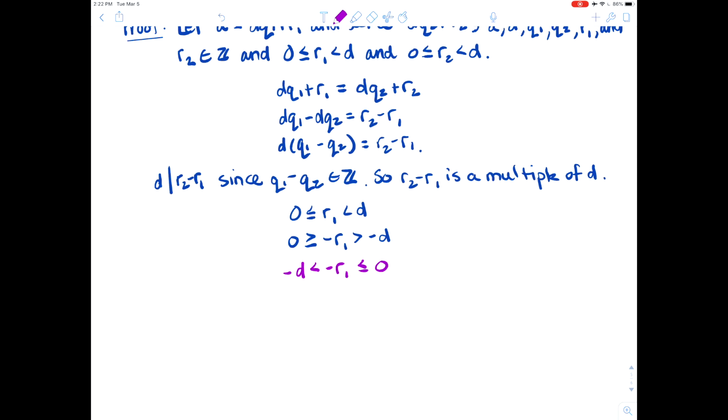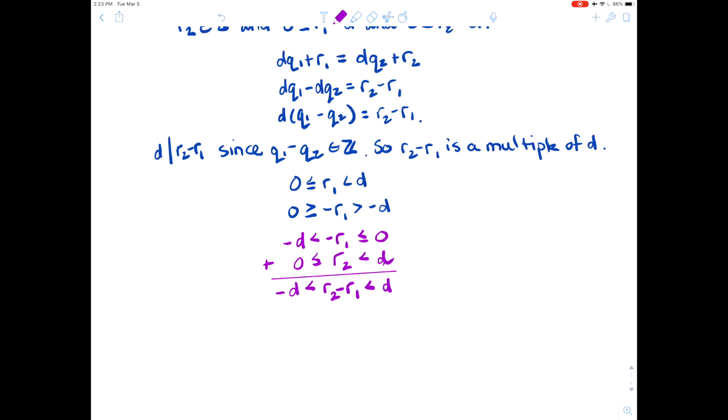Now, let's add to this result the other inequality, which was 0 is less than or equal to R2, which in turn is less than D. And when we do that, what will we have? We'll have negative D less than R2 minus R1, and that's got to be less than D.